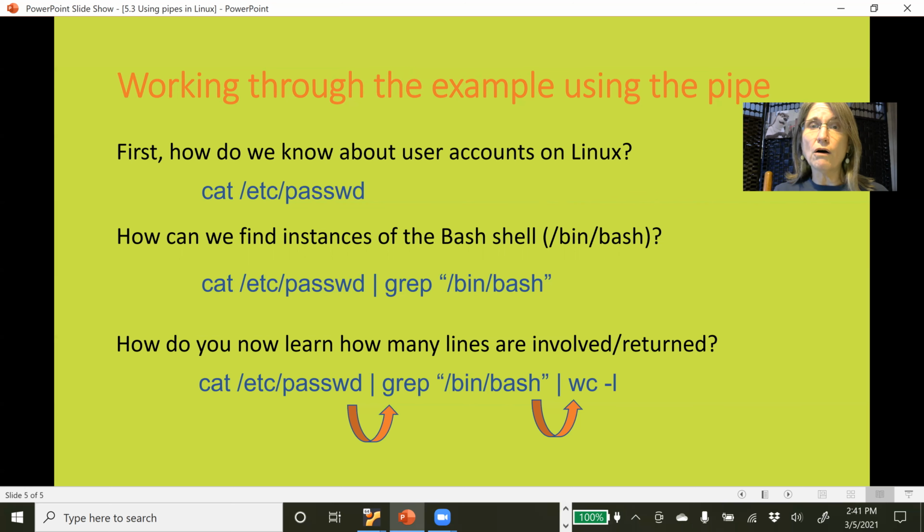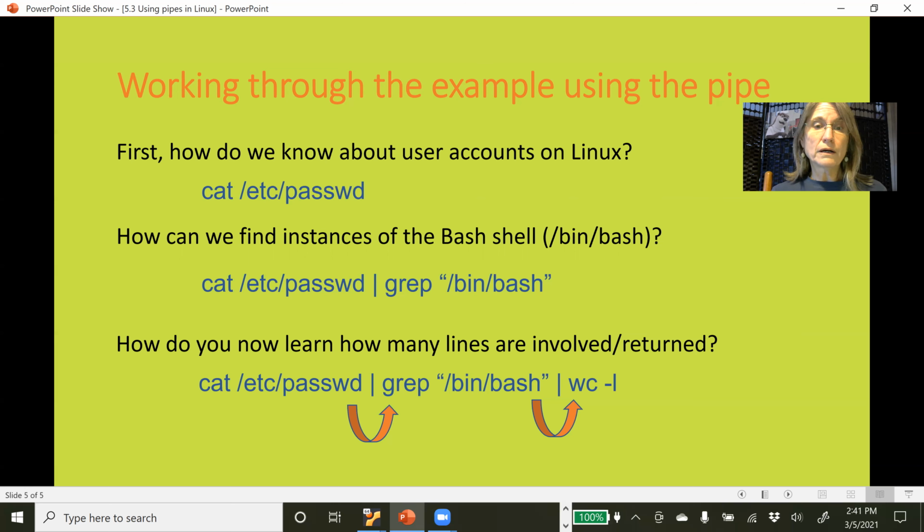So we can recall if we did a man 5 passwd, we could look at the manual page for the passwd file and recollect that the last field in that file is a placeholder for the shell of that account. So we can now use the grep tool to look for the bash shell.